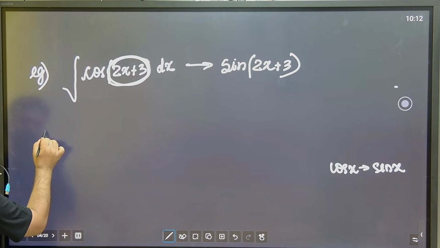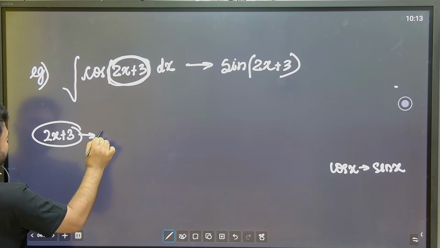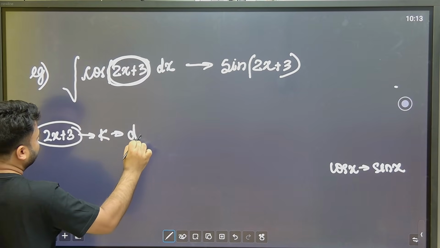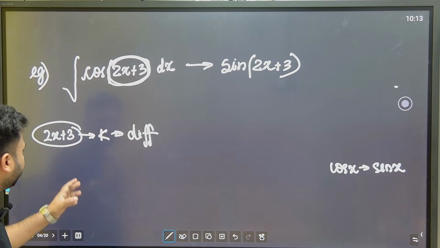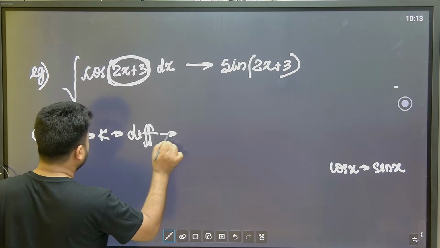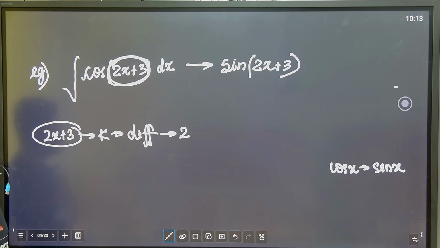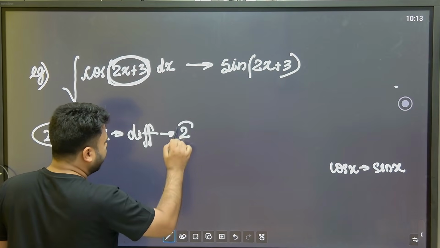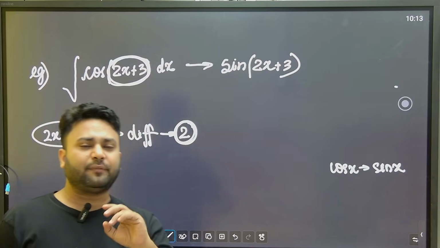But this is our Kachra. I told you in differentiation, 2x plus 3 is our Kachra. What do we do with Kachra? Kachra we are going to differentiate. On differentiating 2x, we will get 2, and the differentiation of the constant 3 will be 0. Now in differentiation, what we used to do?